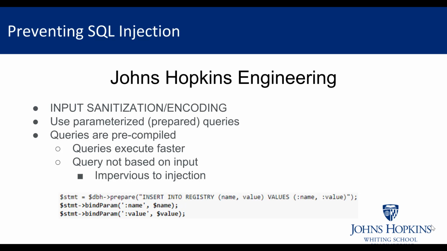And since we know these data types ahead of time, again, the prepared query guarantees us that the only acceptable value for name is a string, and probably the only acceptable value for value is numeric. So there's no way that a SQL injection attempt can possibly be successful if we're using prepared or parameterized SQL queries.